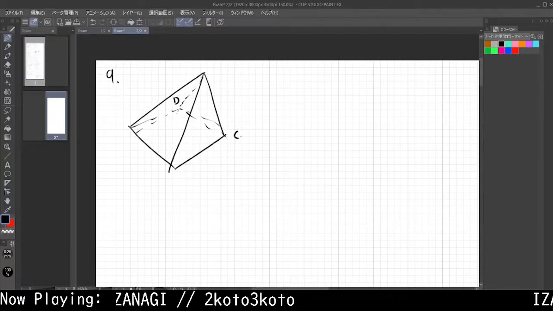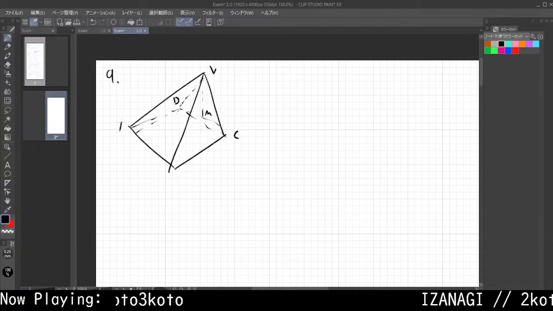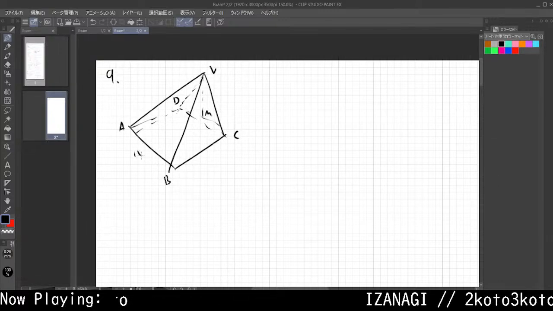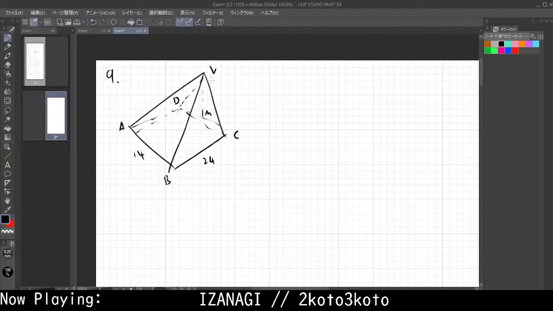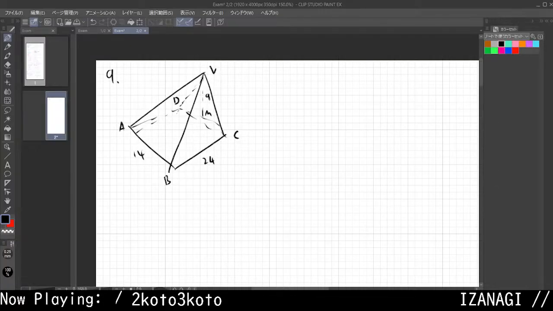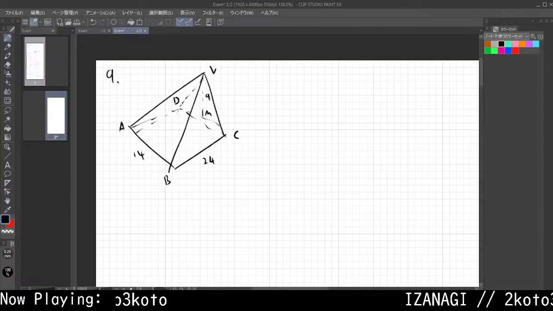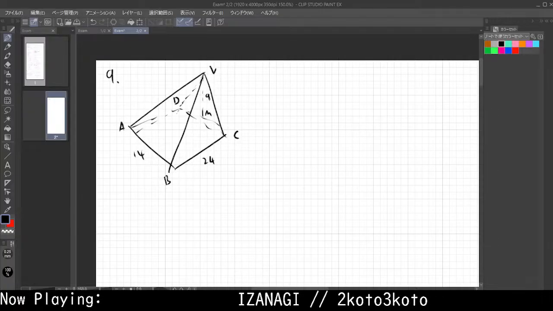This is your M, your V, your A, and your B. So this is 14, this is 24, like this. And V is 9 cm vertically above the point M. Diagram 6 shows the pyramid with horizontal rectangular base ABCD. M is the midpoint of CD and the apex V is vertically above the point M.